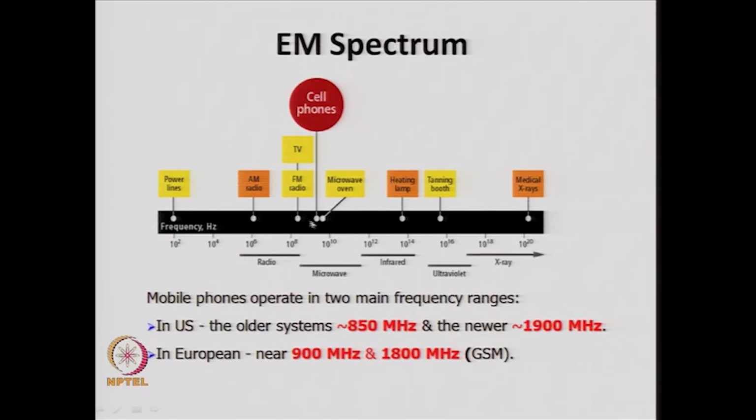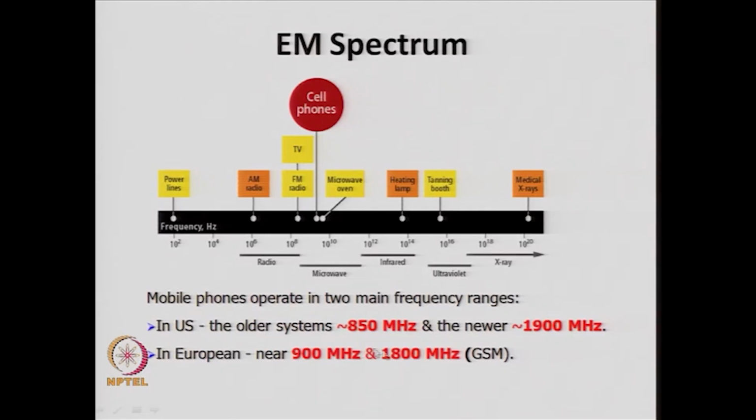Then we have cell phones, which work in the microwave region, and you have this region where the microwave oven works, etc. The microwave oven works at 2.45 gigahertz, so this is the gigahertz region. Similarly, other applications are listed depending on the energy at which they are working, corresponding to the electromagnetic spectrum.